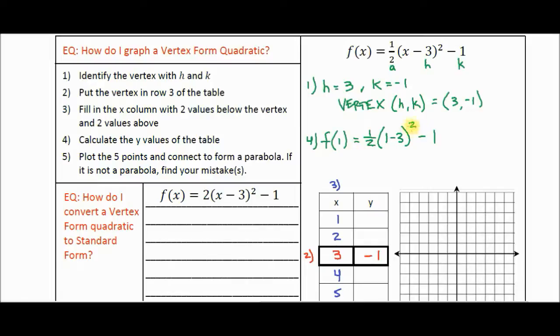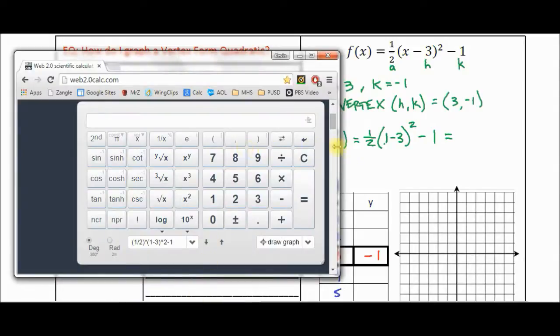Actually, remember, I forgot, we can do this in our calculator without actually breaking it up into different steps. So let's go ahead and put that in our calculator. Now remember, class, we can just put the 1/2 in the calculator along with the rest of the equation. What you want to remember is 1/2 is 1 divided by 2.